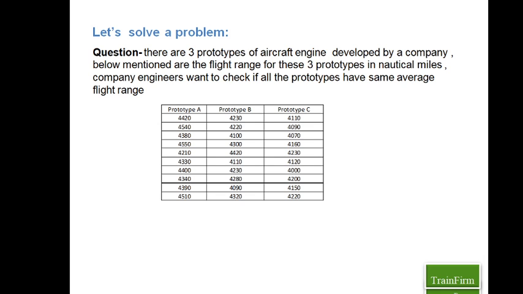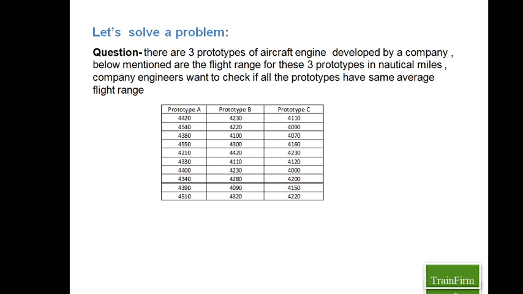Now that we have learned the basics, let's see in real life how we solve an ANOVA, analysis of variance. If we have to conduct a hypothesis testing, how would you go ahead and do it? So in this question, let's assume that there are three prototypes of aircraft engines developed by a company: prototype A, prototype B, and prototype C. The engineers have taken some sample data on the flight range in nautical miles for each of these prototypes.